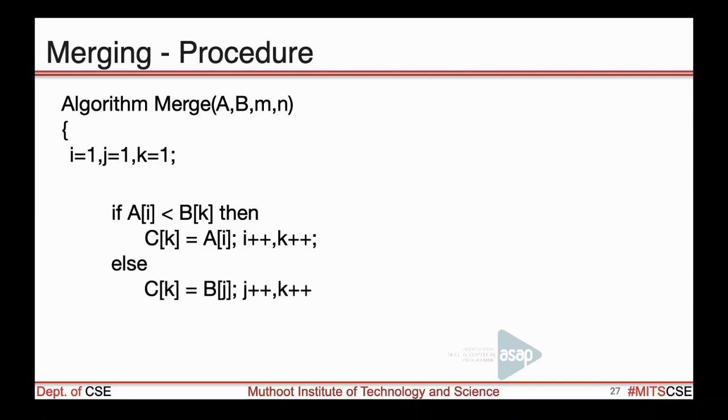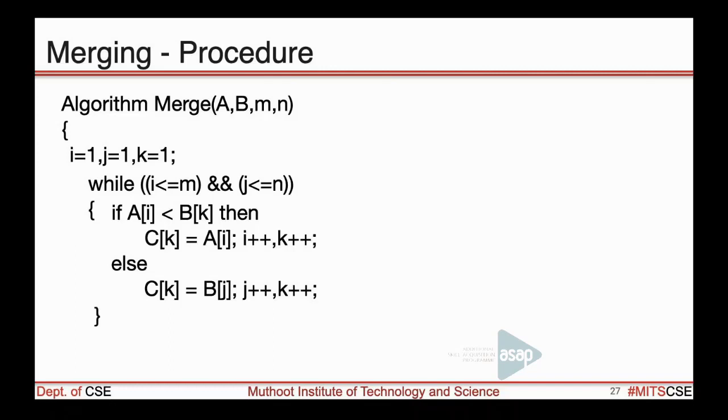We used to copy B[J] and increment J and K. Clear? How long did we do this? Until we reach the end of the list, right? Which means that while I is less than or equal to M and J is less than or equal to N, we have to do this process.